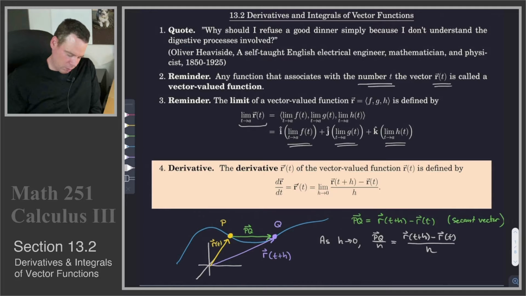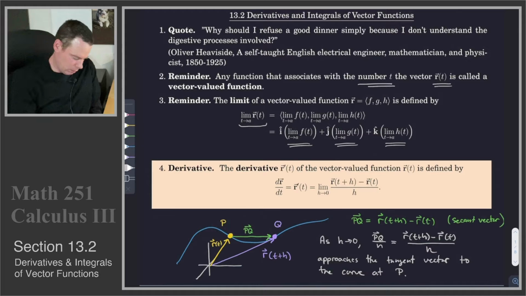So what does it do? This vector approaches the tangent vector to the curve at the point P. So it's going to approach a vector that looks like this. That's our tangent vector at that point.